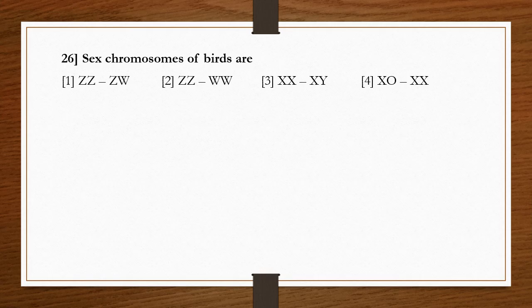Question number 26. Sex chromosomes of birds are: option 1 ZZ, ZW; 2 ZZ, WW; 3 XX, XY; 4 X0, XY. We have studied different types of sex determination methods.